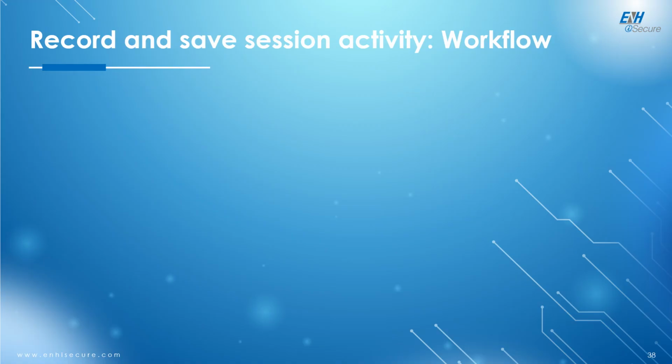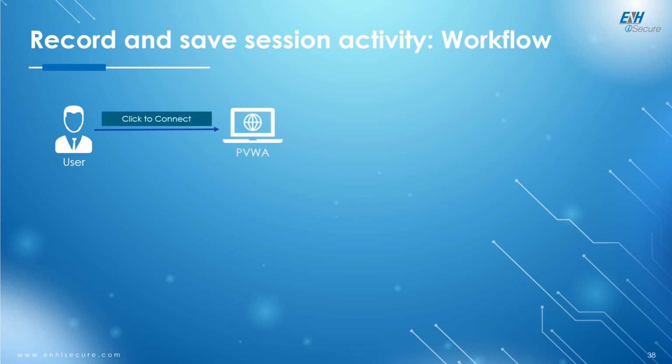Let's have a look at the workflow of how a session is recorded and the session activity is saved to the vault with the help of PSM. First, the user logs into the PVWA and clicks connect to access a particular machine using a particular account. The PVWA sends the user an RDP file to establish a connection from his or her workstation to the PSM server.